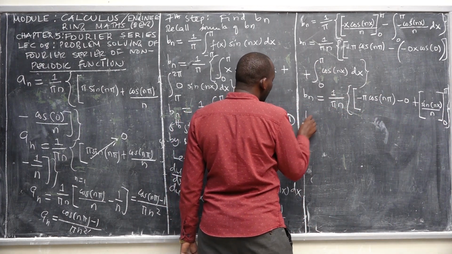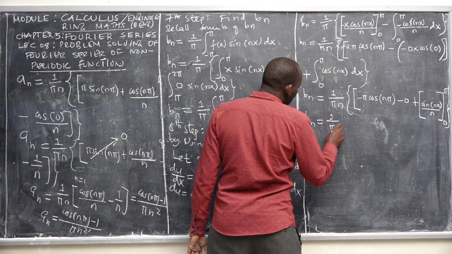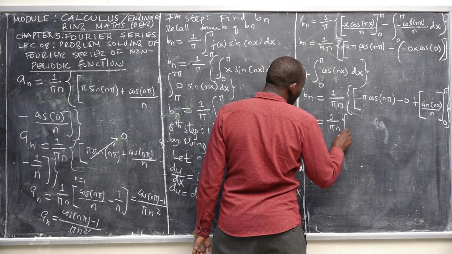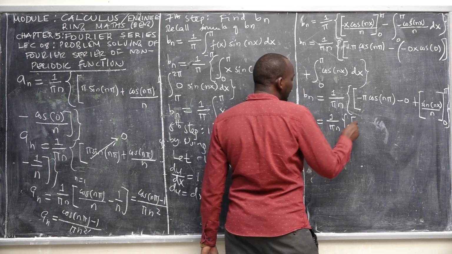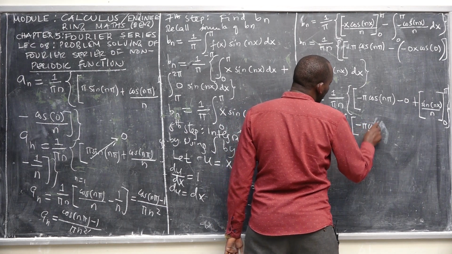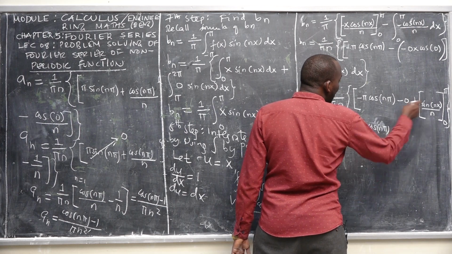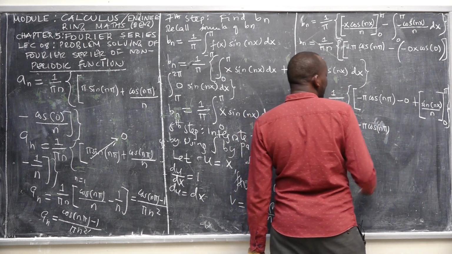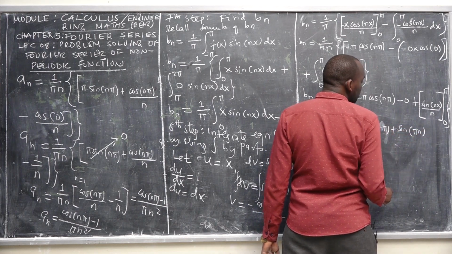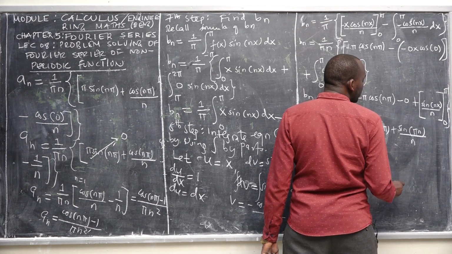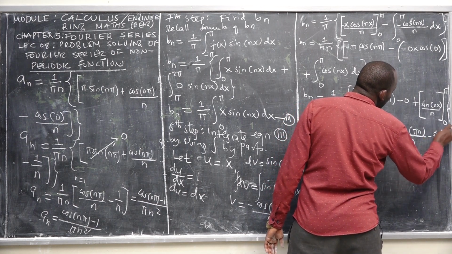Then we are looking for Bn. Bn is 1 over pi n. Then we open curly bracket. Then you have negative pi cosine of n pi. Are we together? Plus sine of pi n over n, minus sine of 0 over n.